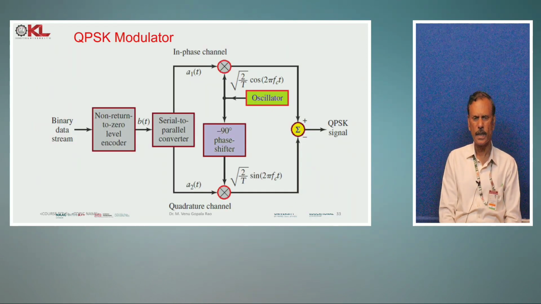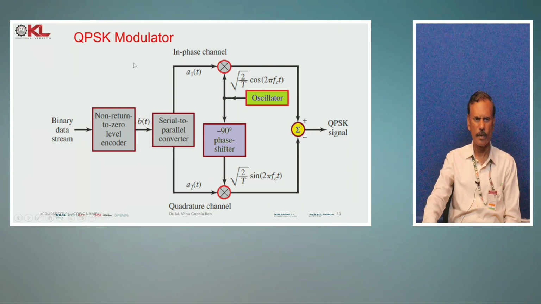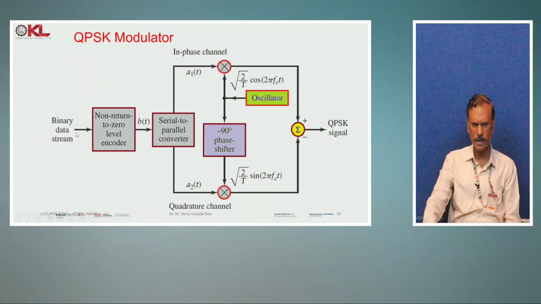The QPSK modulator is defined in the block diagram like this. The binary data stream is applied to the non-return-to-zero level converter, and then a serial to parallel conversion is performed. The binary stream is in serial form, so we convert it to parallel form, and this parallel form is directly applied to the 2 modulators.